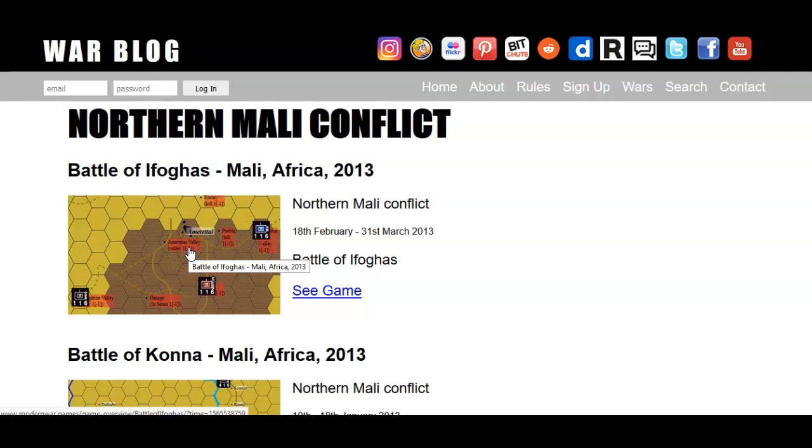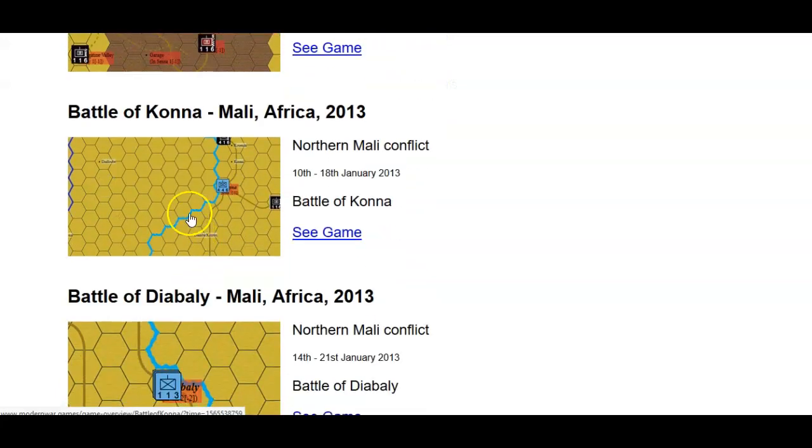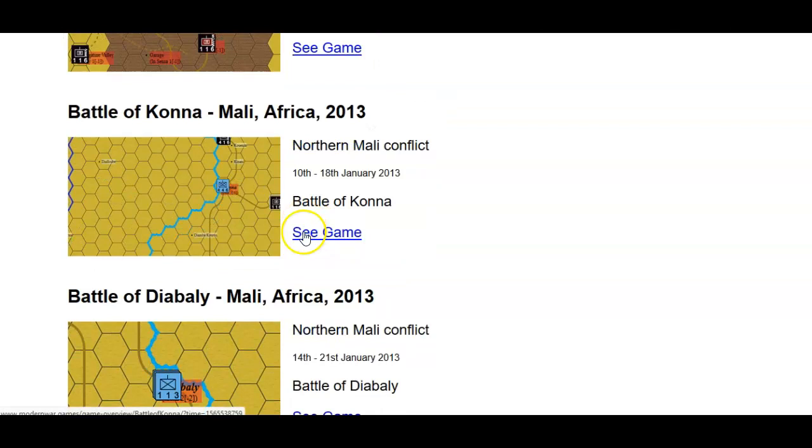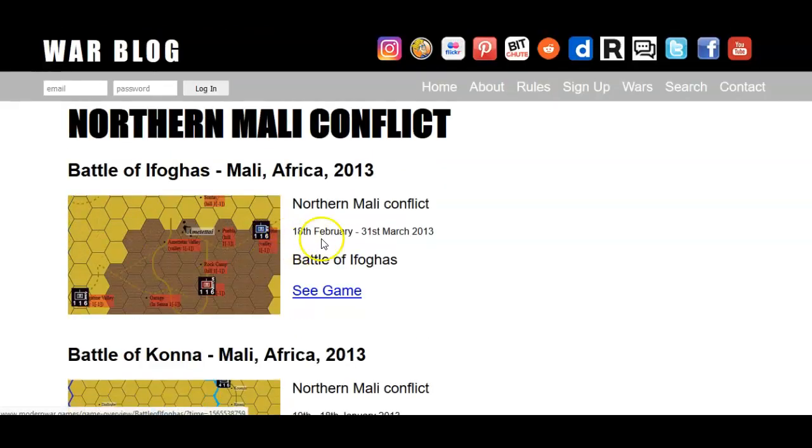It represents a significant change in the tide, following on from these two events. So this is like the 18th of February, or January, so you can see the time scales there. I'm not sure what happened after that in the northern Mali conflict, how long it went on for, but anyway, not to worry about that.